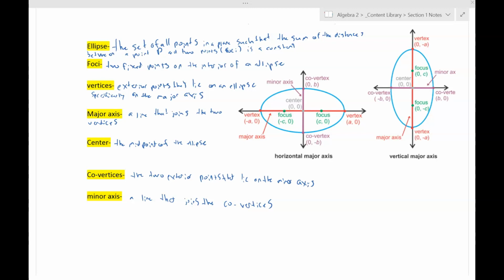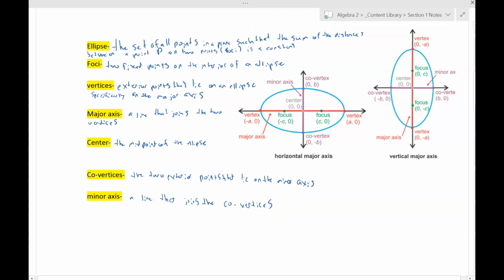So the definition of an ellipse is a figure such that the set of all points in a plane such that the sum of the distance between a point P and 2 points, the foci, is a constant. So what that means is, if I have my 2 foci, we'll look at the one on the left here, I have my 2 foci here, one here, one here.